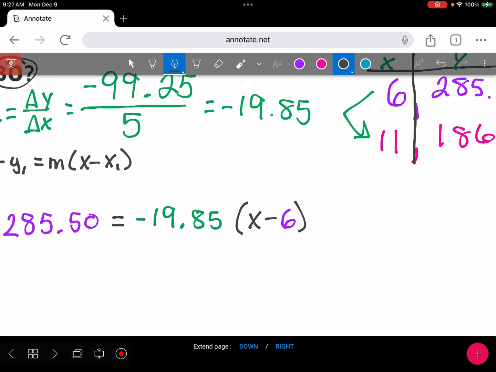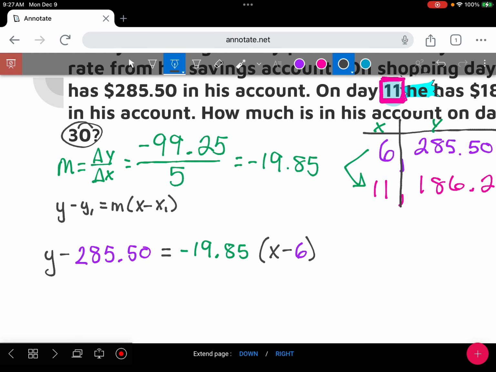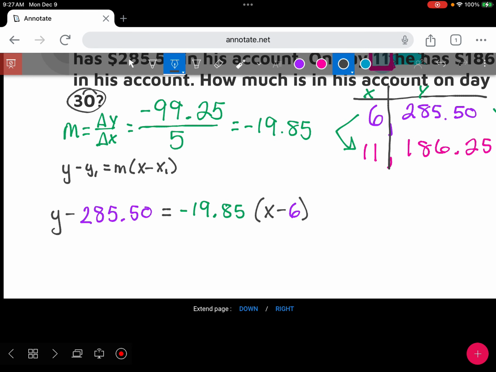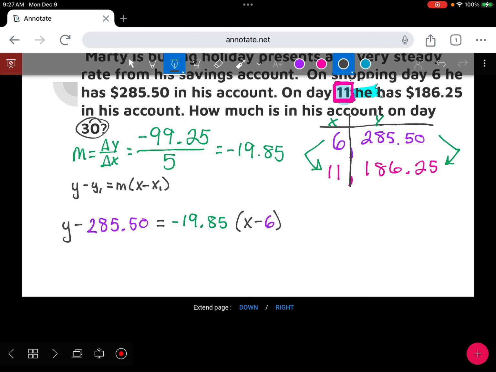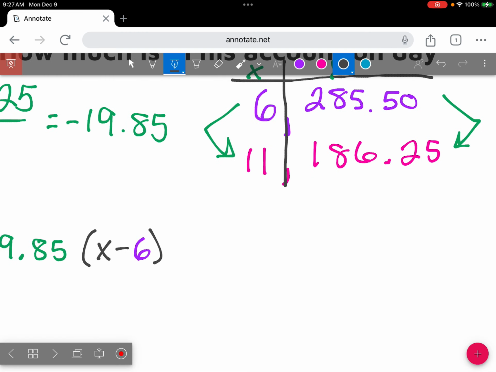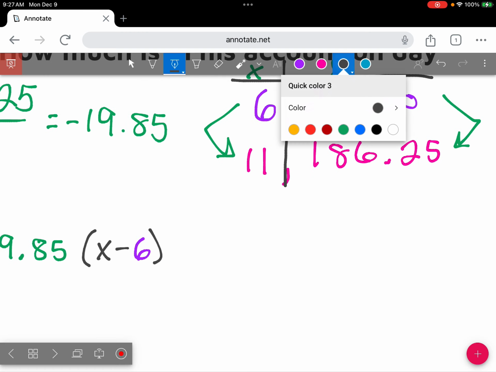So that's a way to write the equation. And if we're trying to predict what happens on day 30, where are we going to substitute that in? Into the x. You could get the exact same answer doing it with the other point. It genuinely does not matter which one you do. I just picked this one because it was the top one on the list.